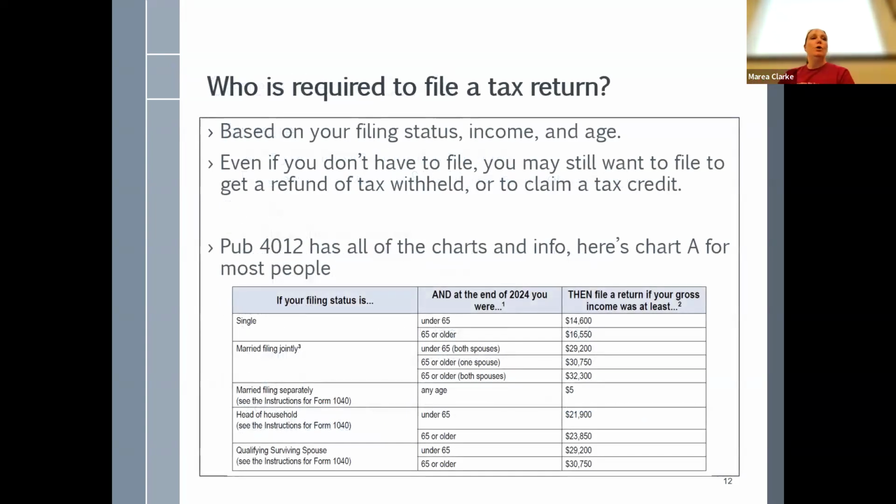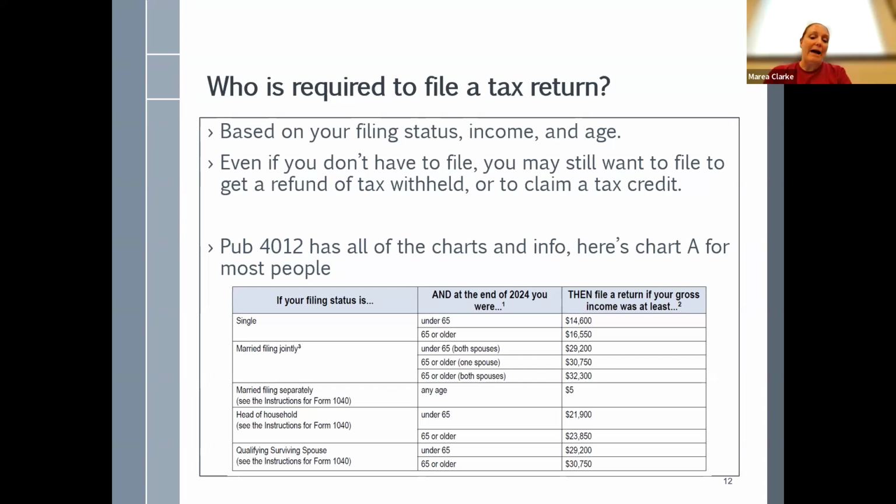All right. Who has to file a tax return? The IRS is very concerned about this. And it depends, right? Whether you have to file a return is based on your filing status, your income, and your age.